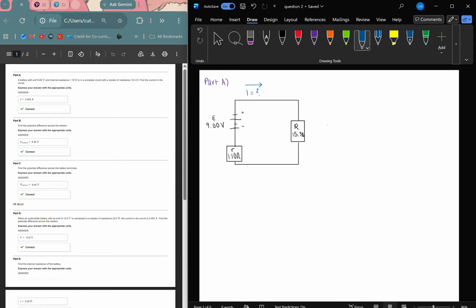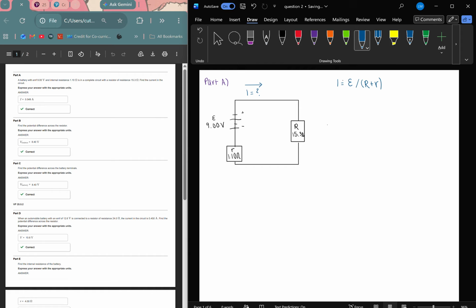For the calculations, I'm going to be using the formula that was given in the textbook in the example. So let me draw the formula. Okay, which is I equals the Greek letter epsilon over R plus lowercase r.